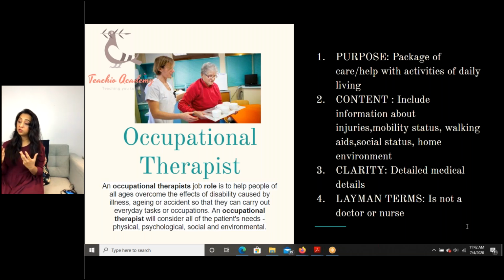When someone has a particular type of stroke, they might not be able to sit on the commode in the usual way. So fine tasks, using the brush, they're quite trained in that, and they have aids available which they might arrange for the patient.